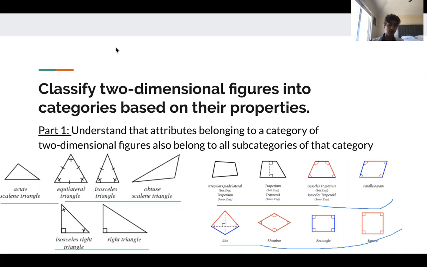As we've talked about, there's an irregular quadrilateral, trapezoid, an isosceles trapezoid, a parallelogram, a square, rectangle, rhombus, kite, etc. So really, it's just important that you absorb this information that there's a big category of triangles, there's a big category of quadrilaterals, and within that, there are little categories of acute, scalene, isosceles, trapezoid, parallelogram, etc. But that's pretty much it.